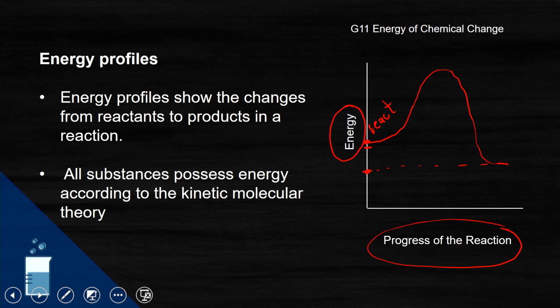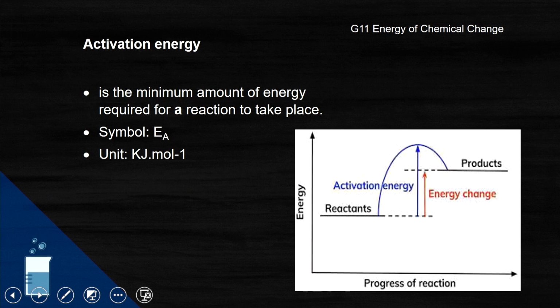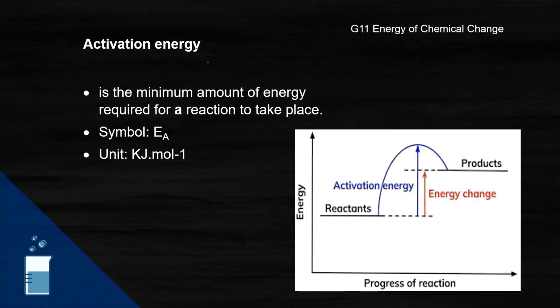So how do the different reactions look, and what is important in each one of them? Activation energy is really important. So that's the energy of breaking bonds. If energy is insufficient to break the bonds, this reaction will not happen.